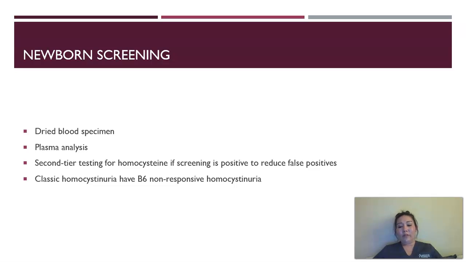Pretty much all infants with homocystinuria, the classic kind, which is the CBS deficiency we're focused on, detected by these screenings, have pyridoxine non-responsive homocystinuria, pyridoxine being vitamin B6. So it means they're not going to respond to B6 supplements. It's pretty rare for them to be diagnosed but respond to B6. The best results are obviously when you are diagnosed as a newborn and they can really start focusing on your treatment right away.